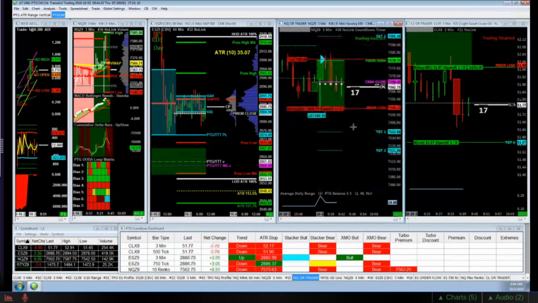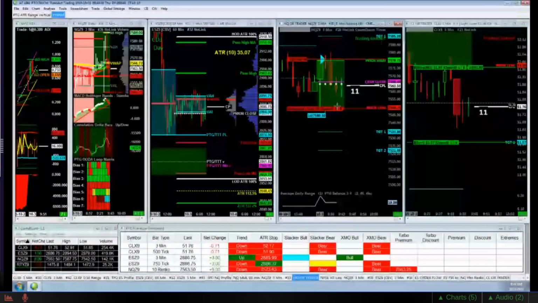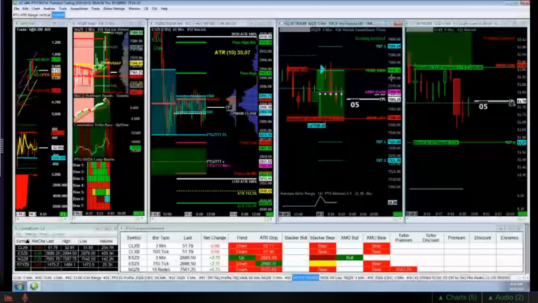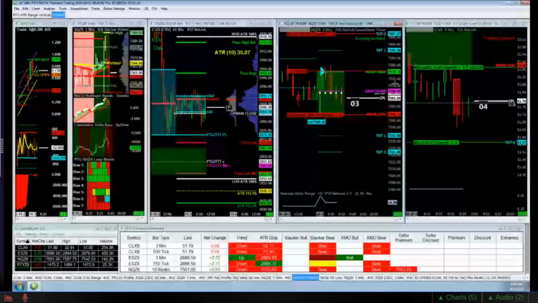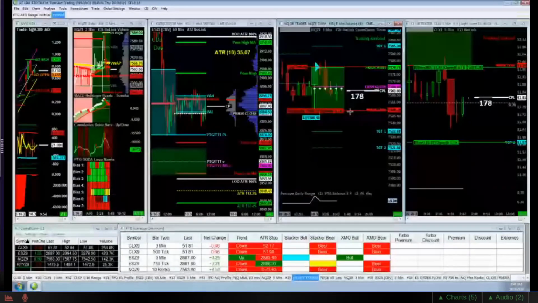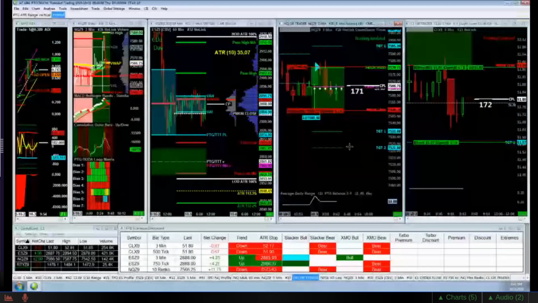Again, worst case scenario, you get what's called a double stop: stopped in, stopped out, stopped in, then stopped out again, and we're basically in a range condition. But in many cases, when we get a stop and reverse, the market tends to accelerate on the reversal portion of it.